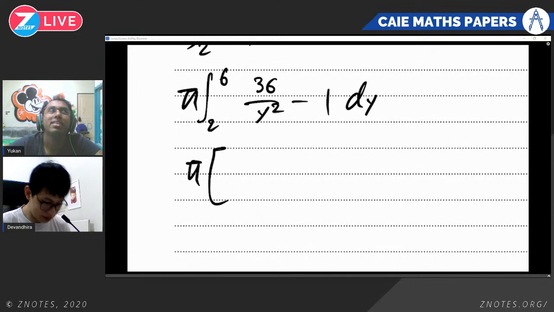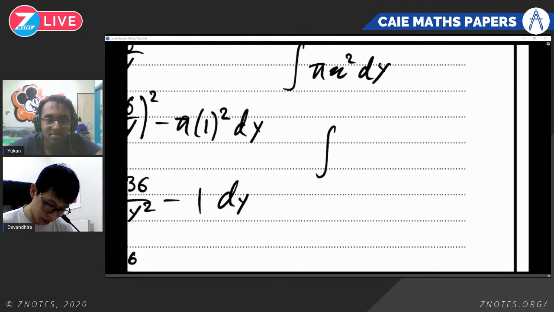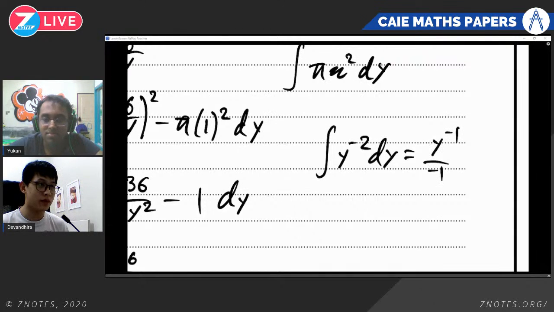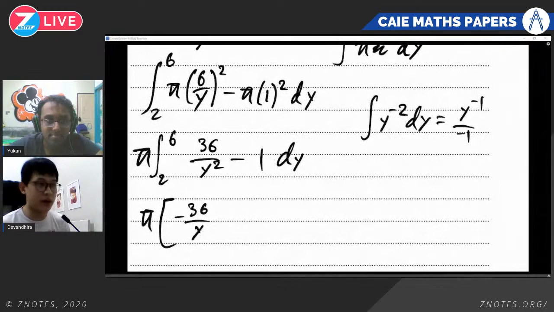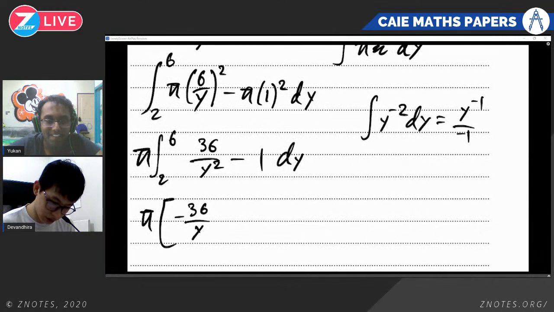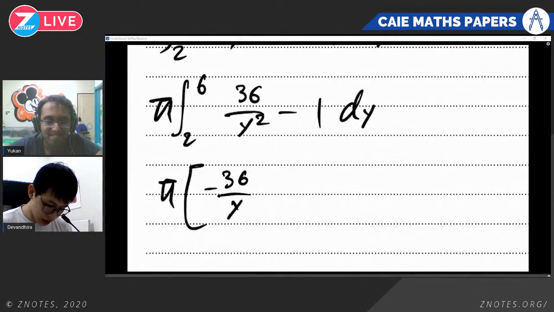We would get negative 36 over y. The reason is that when you integrate y to the minus 2, you get y to the minus 1 over negative 1, and then you just multiply by 36. The integral of 1 is just y, because y to the power of 0 plus 1 is y to the power of 1.